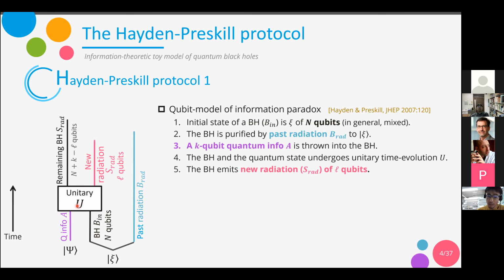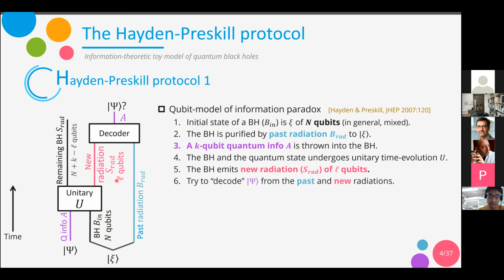And after this unitary dynamics, we split the whole black hole into two random subsystems. One can be called the remaining black hole, and the other represents the new Hawking radiation. And in this talk, we assume that this new Hawking radiation is composed of L qubits. So L is an important variable in this protocol.